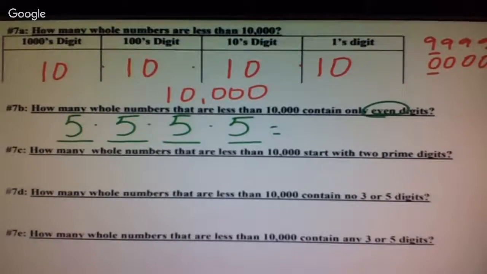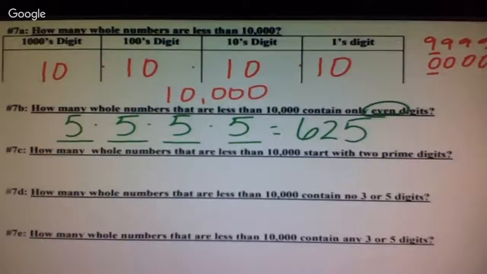But now when I give you a restriction that says your numbers have to be even, that shrinks it down to only 5 numbers that you can pick from to fill in there. Are you trying to say 5's not an even number? No, I was trying to say there would be a lot more numbers that are even than 5 on the way up to 10,000. Do you know what I'm saying? Oh, yeah, I got that now. I didn't realize digits are single numbers.